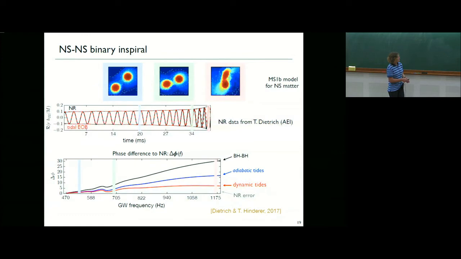One thing you notice is that when the stars come into contact, there's no feature in the gravitational waves, so we don't really know when exactly the contact occurs. It's really only when the cores collide that we see this peak in the gravitational wave amplitude, which is shown as the red here.